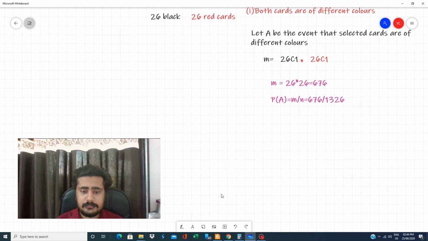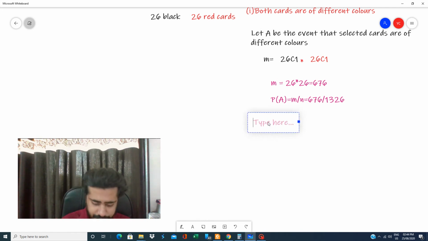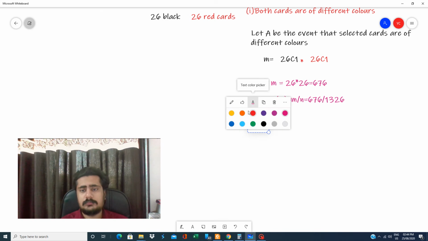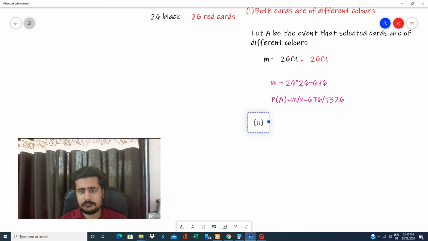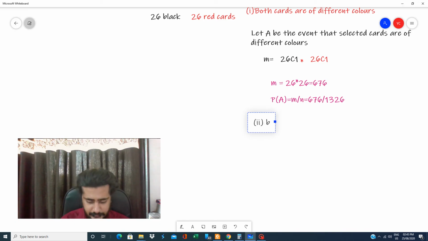Yes. Now let us do the second question. Both cards are face cards.